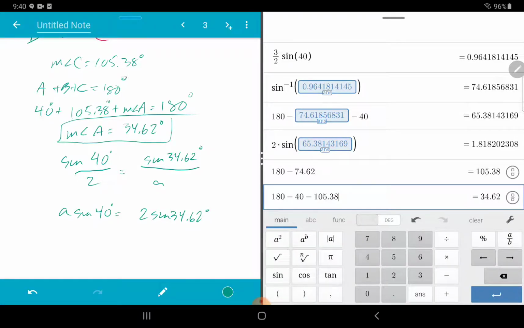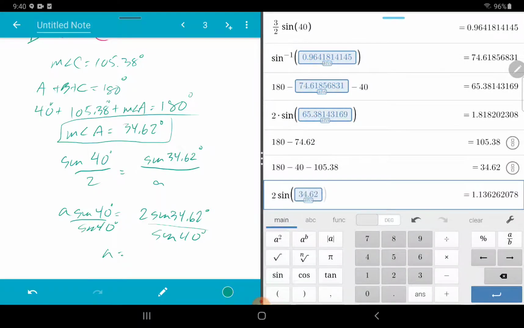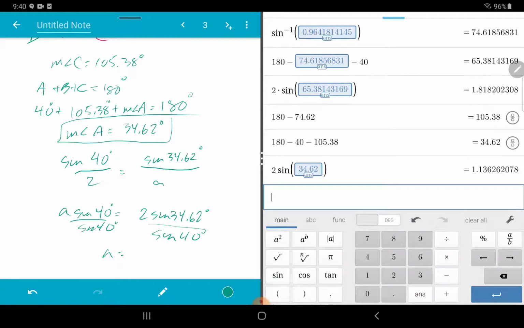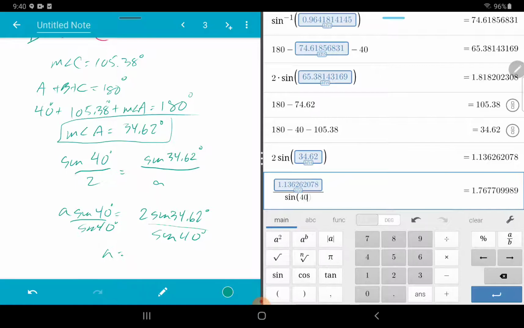Okay, so make sure you have your degree symbols everywhere. And then divide both sides by sine of 40. Okay, so A is equal to, let's go ahead and find that. So 2 sine my answer, and then take that answer and divide it by sine 40, which means that A is a value of 1.77.